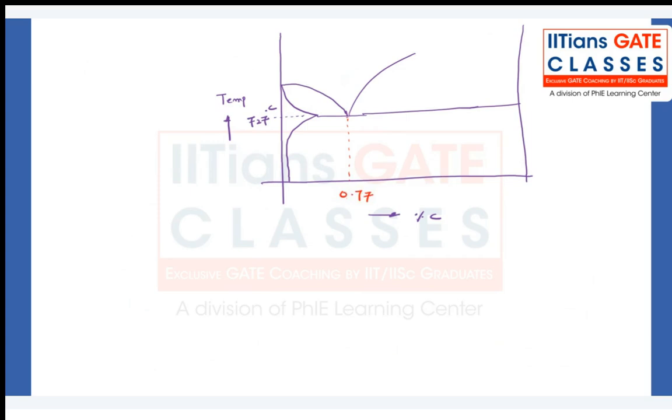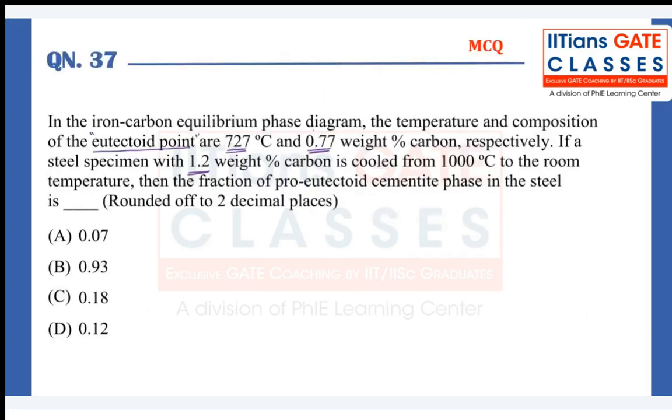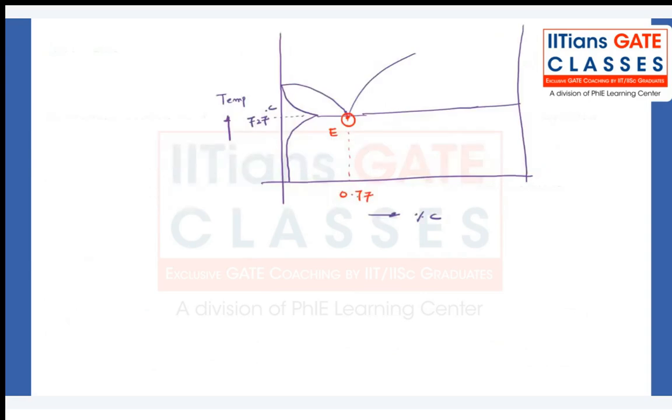Actually, in our discussion we have discussed it as 0.8, but according to the problem data, you need to solve. Don't take it as 0.8. If you take 0.8 for this problem, you will get the wrong answer. According to the data, 727 at 0.77 is the eutectoid point. So at the eutectoid point, pearlite is 100%, isn't it? Pearlite is 100%. Yes, guys.